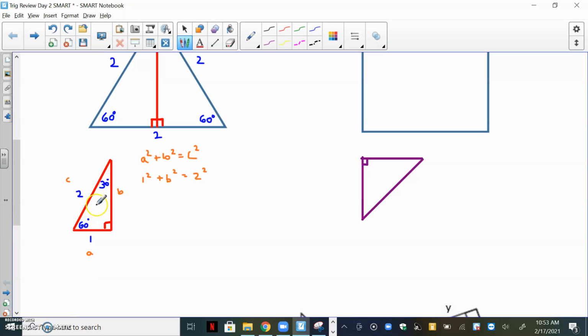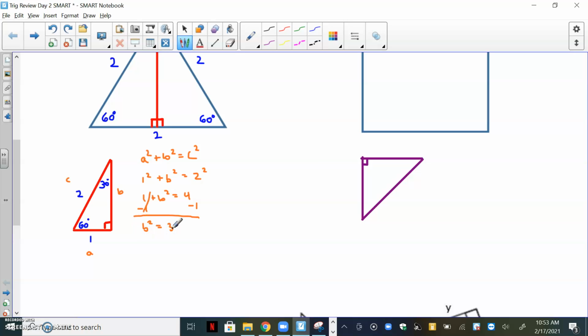So now we go ahead and simplify and solve for B. So we know 1 squared is 1, B squared still doesn't change, 2 squared is 4. And we're on a journey to get B by itself. So this one needs to move. We'll subtract it from both sides. So we end up with B squared equals 3.